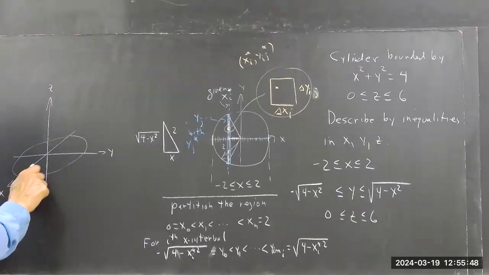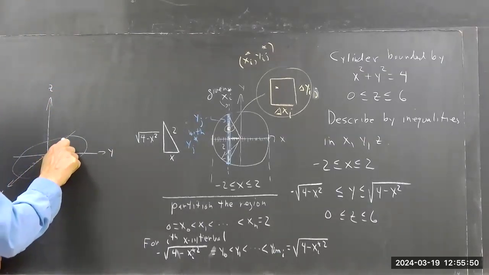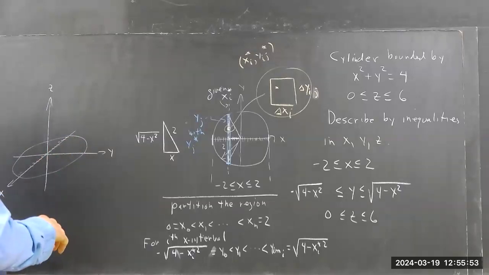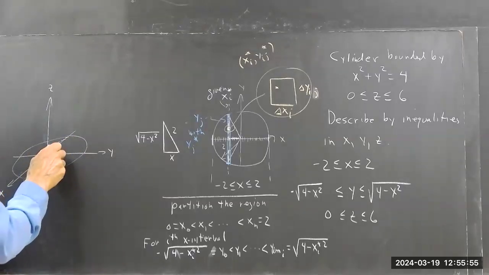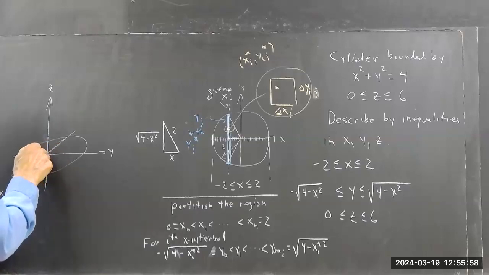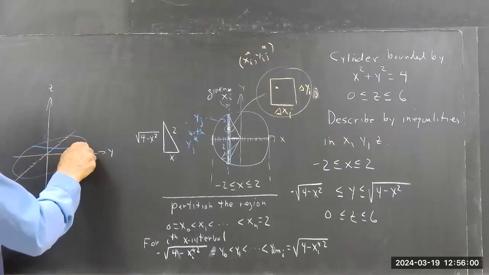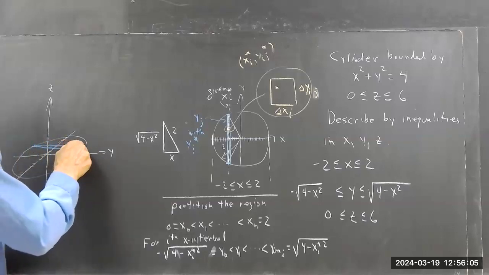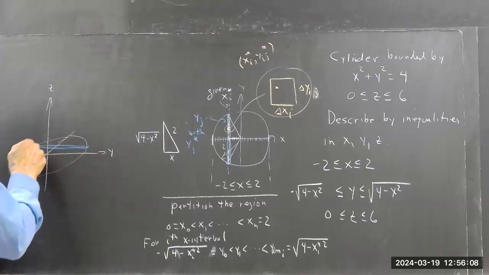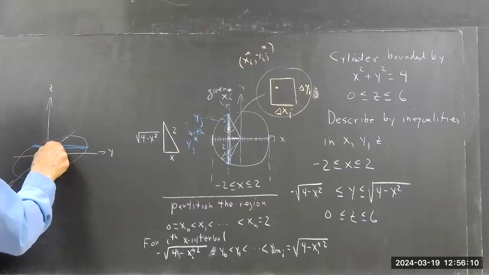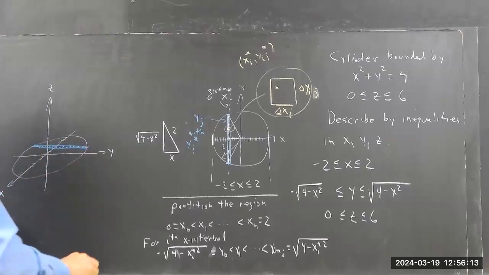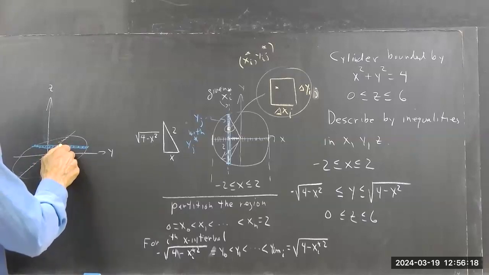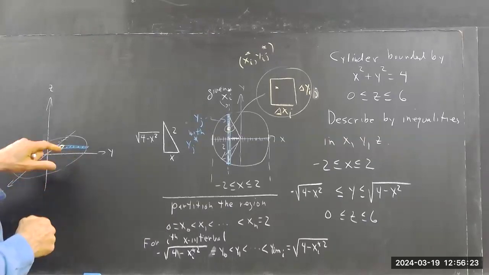And we've got our x partition here, and we've got a typical y increment, our x increment, and it's divided up. And now we've got our ij increment.